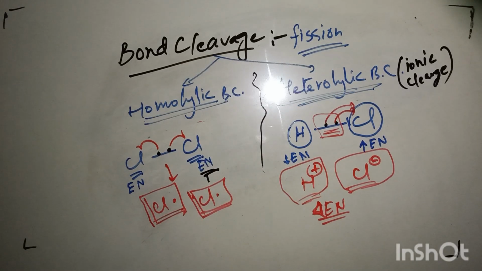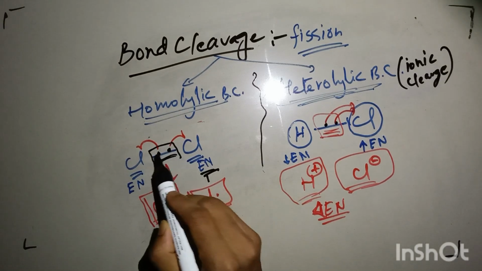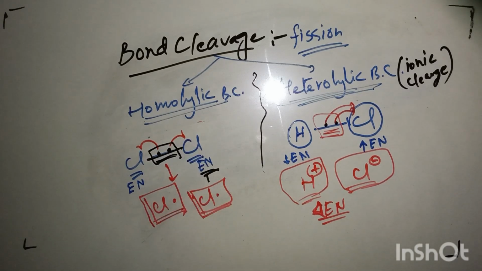What is homolytic cleavage? Cleavage in which equal distribution of electrons takes place during the chemical reaction is known as homolytic cleavage.